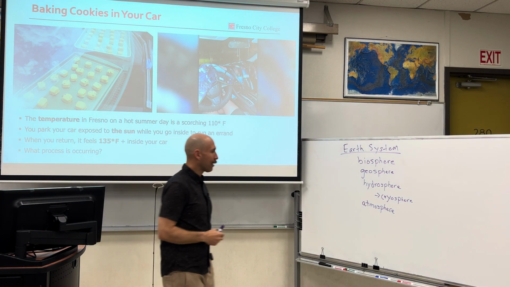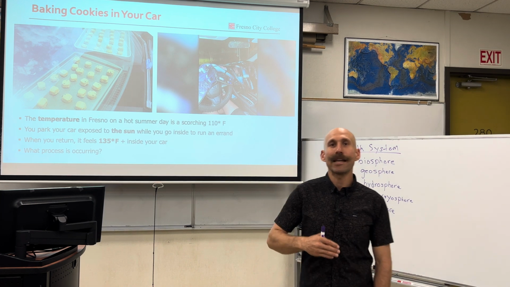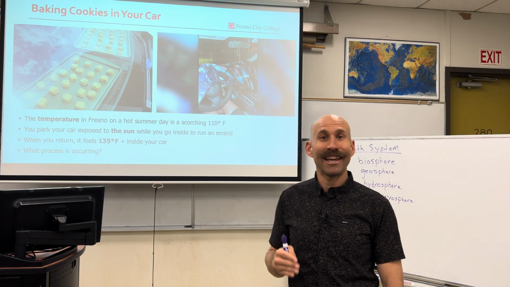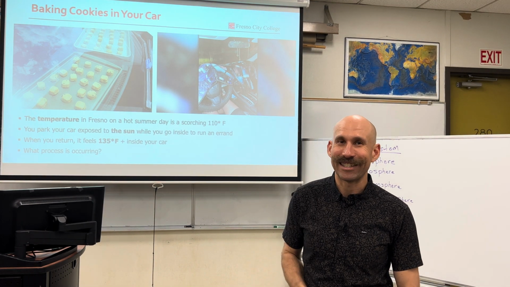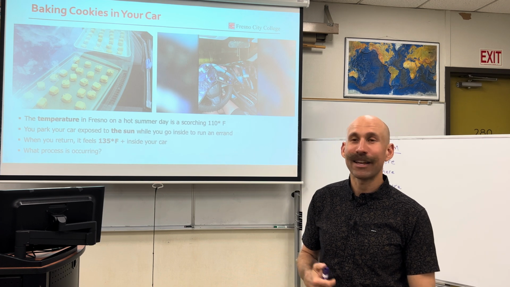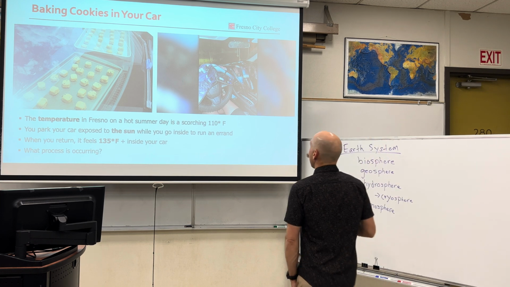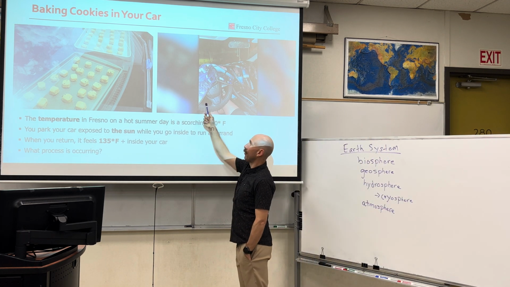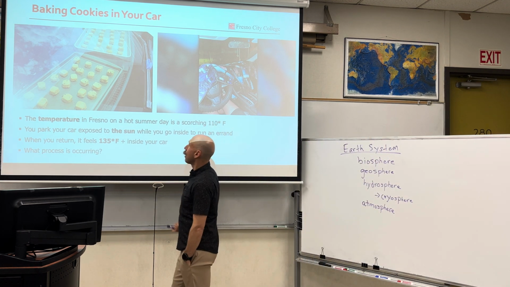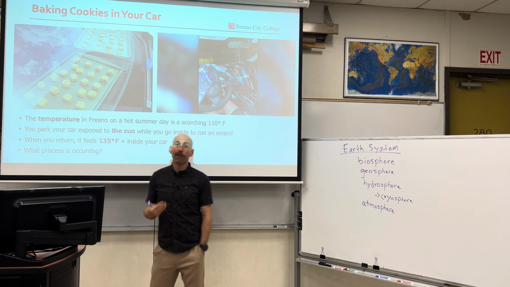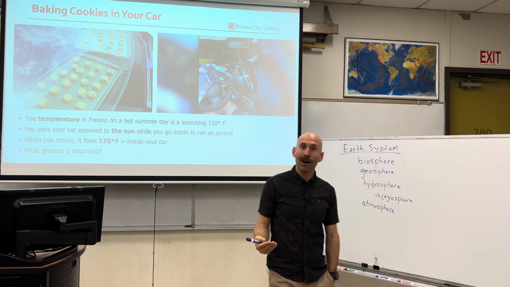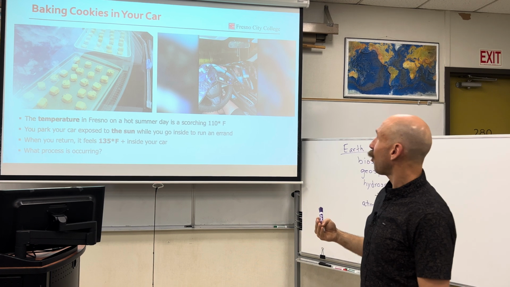So I live in Fresno, California, where in the summertime it gets hot. If you live in the Central Valley, you know exactly what I'm talking about. In fact, sunshades have been known to melt in extreme heat conditions. And this example of people baking cookies in their car because it's so hot in the car.